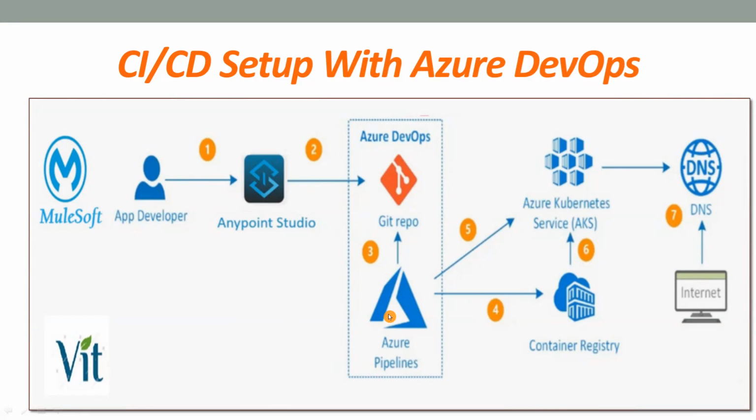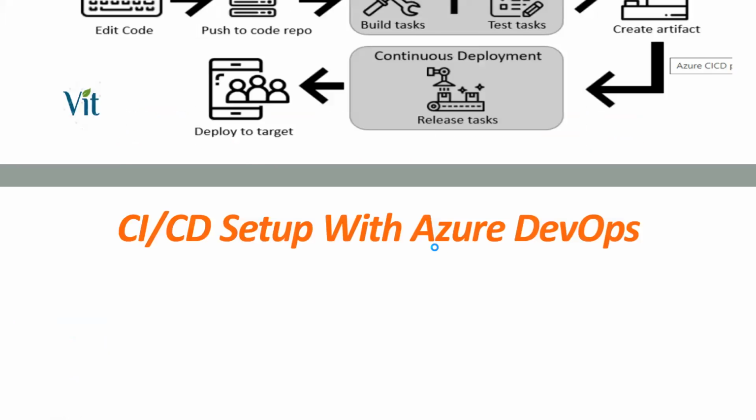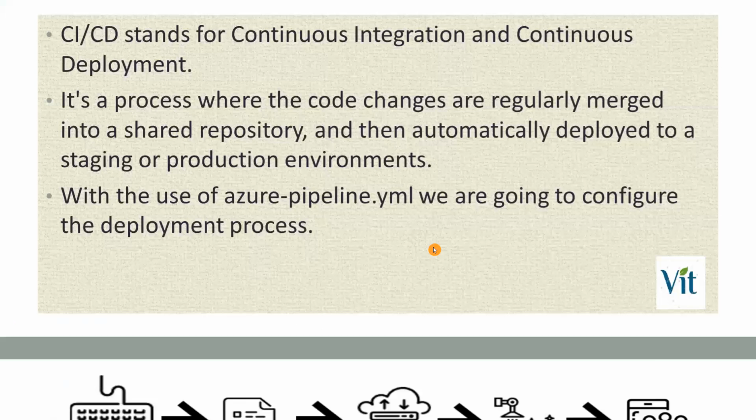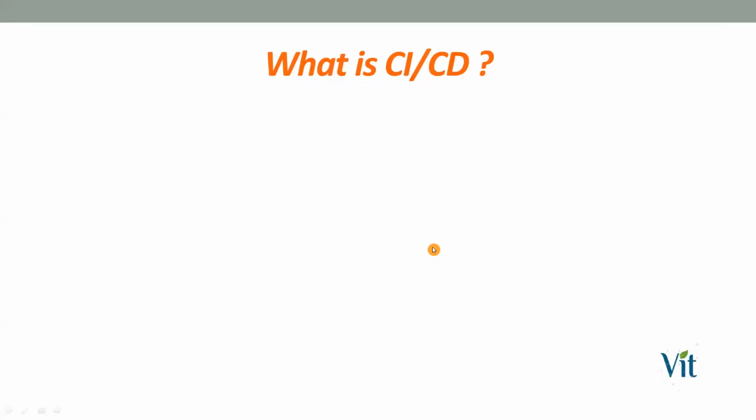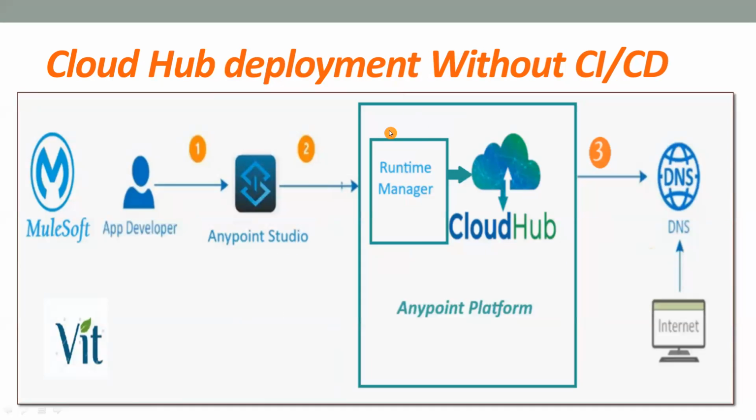So you can compare with the previous diagram. See, here there is no CI/CD process. Everything is a manual process. We are going to log in to Anypoint Platform, then Runtime Manager, then CloudHub, and it is going to deploy.